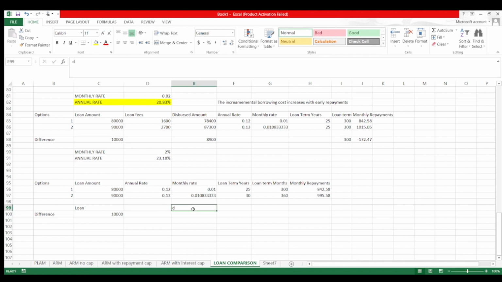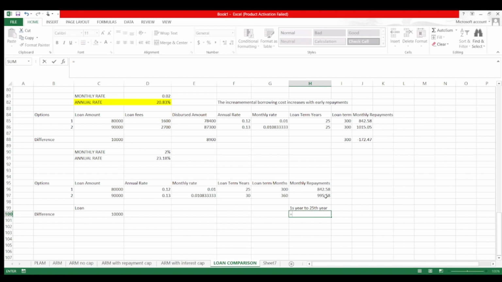Now the difference on the loan repayments, this is where we'll get a difference, since we'll get a difference from the first year to 25th year. For this period in time, this is when all loans have an equal payment term.